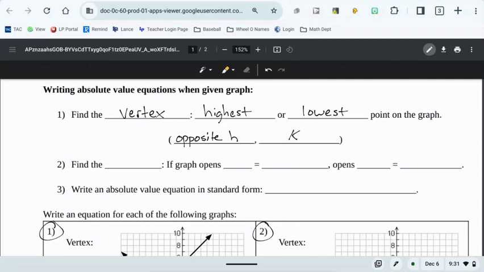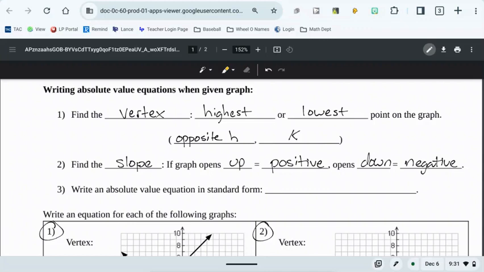And then step 2, we want to find the slope. If the graph opens up, remember that the slope is going to be positive. If the graph opens facing down, remember that the slope is going to be negative.